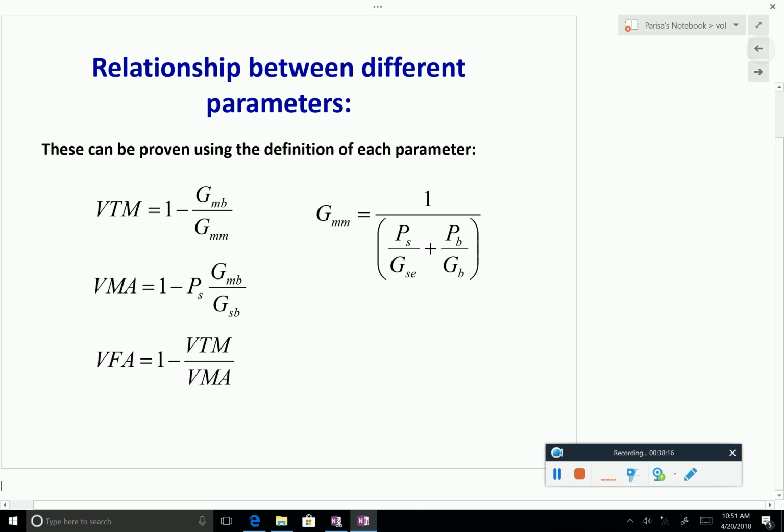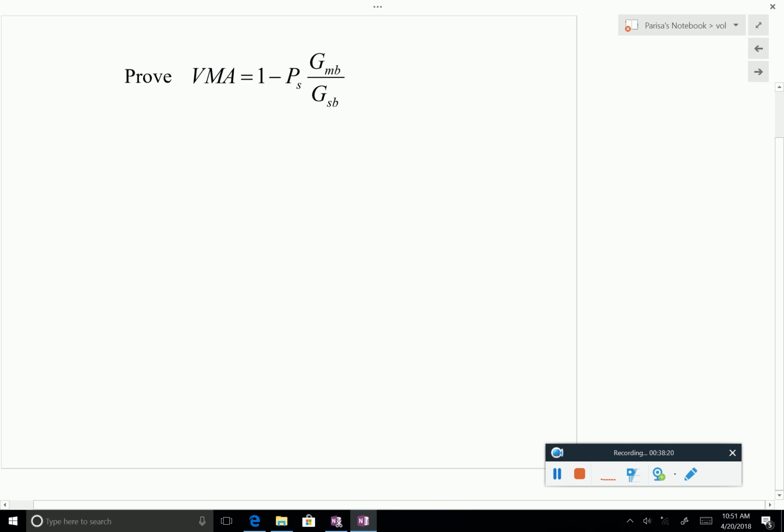We look back at the definition of each one, and you try to show that, for example, this relationship holds. This is very useful when you design and generate these relationships, but it's important to see where they are coming from. So let's show that together. Start from the right-hand side, write the definitions, simplify it, and see if you can get to the left-hand side.